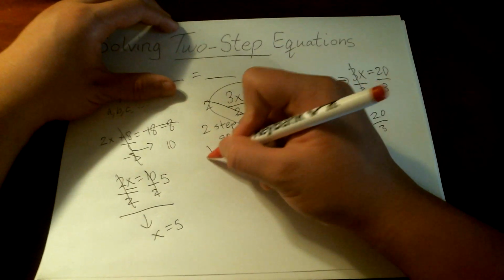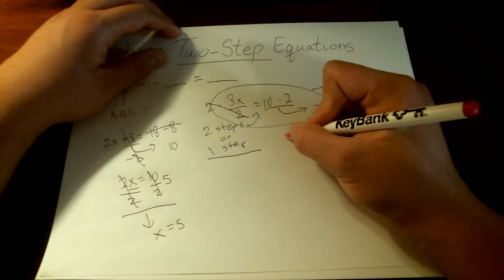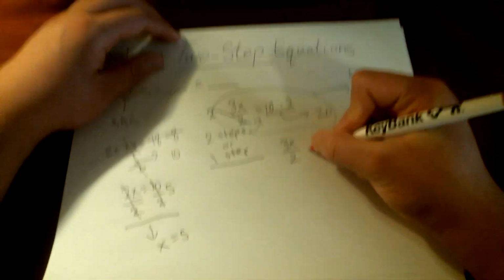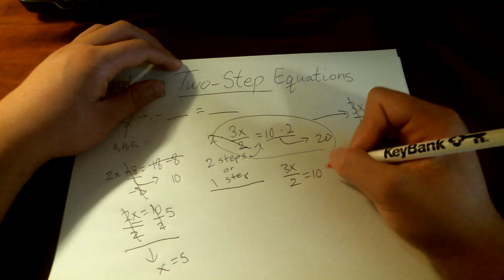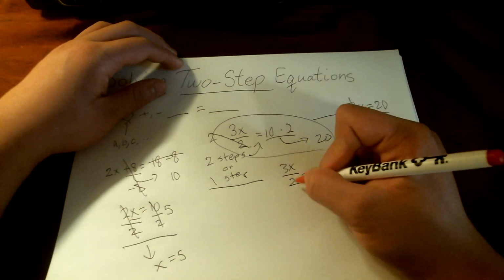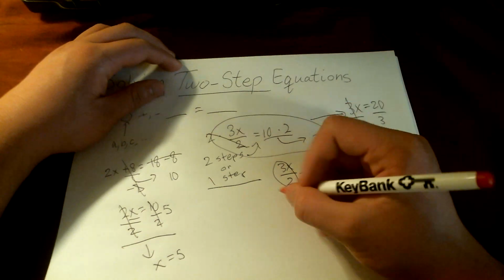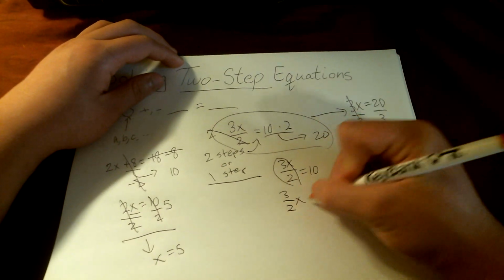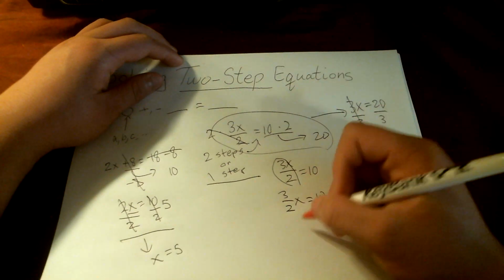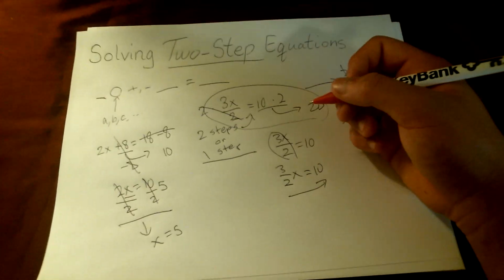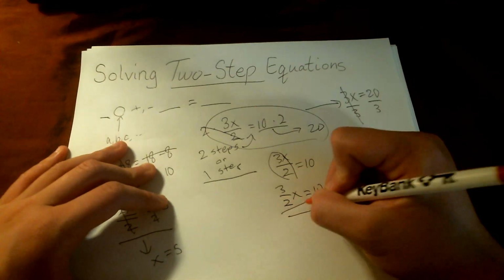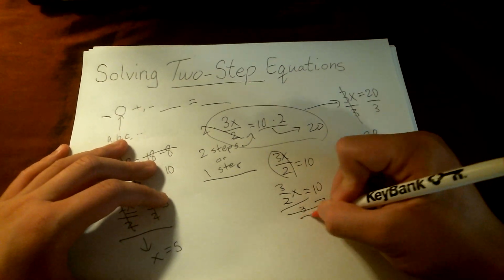So let's just try the one-step part, which is sort of an extra for this lesson. So this would be 3x over 2, and that would equal 10. So we can just have this here be 3 over 2, x equals 10, and then we would just go ahead and divide both sides by 3 over 2.